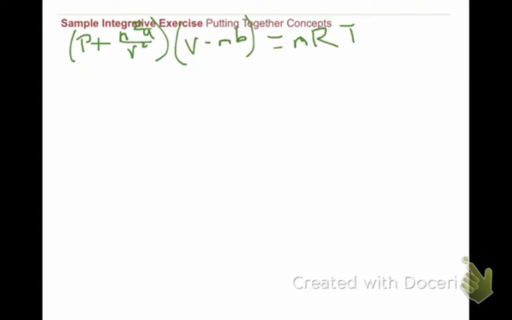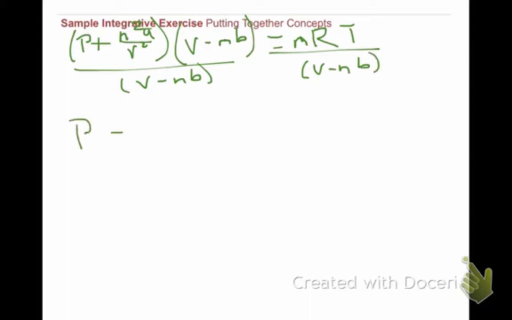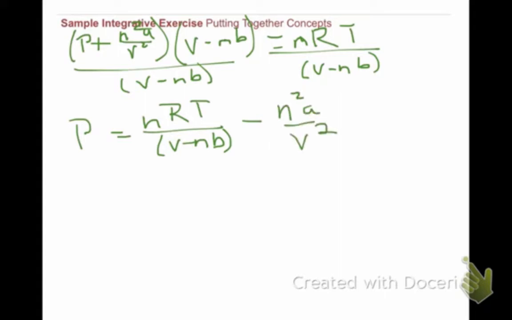So if I want to isolate pressure, I'm going to divide both sides by V minus nb. And then that's nRT over that.